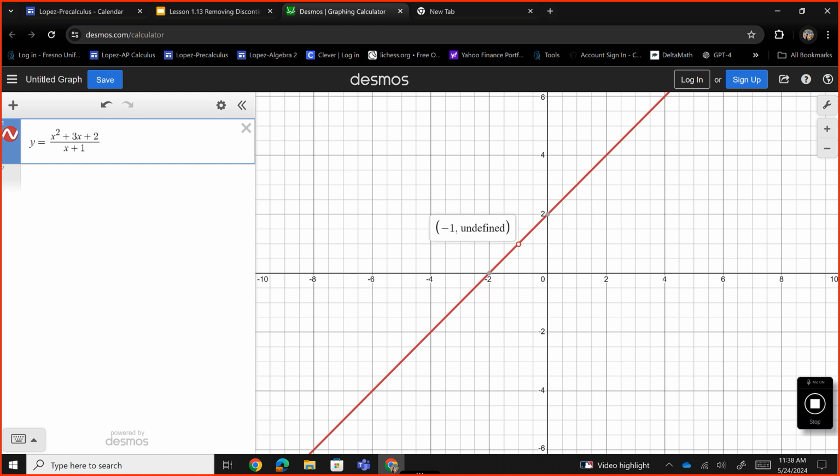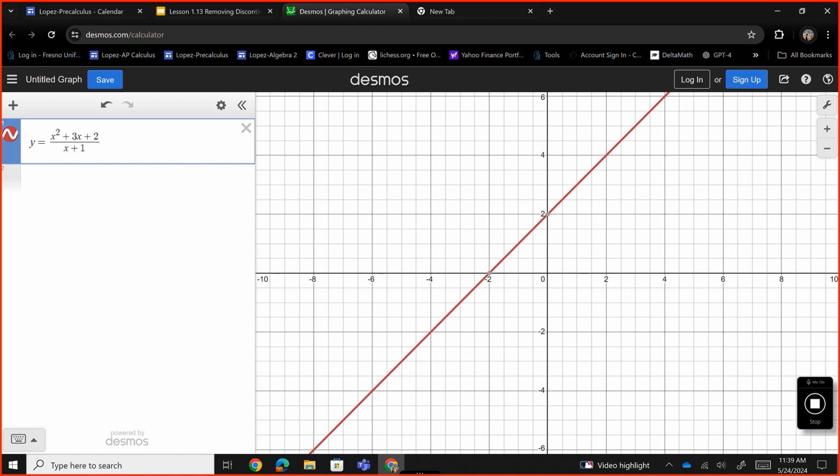What is it saying right there? Undefined. You catch it? It says undefined. Well, if it's undefined, why isn't there an open circle there? That's why calculators are not very exact sometimes in what they're trying to do.